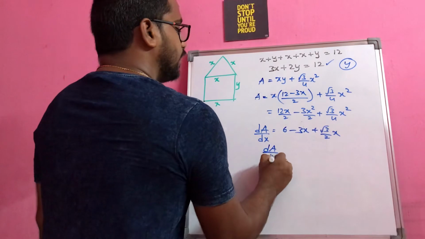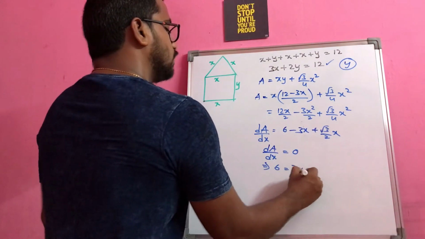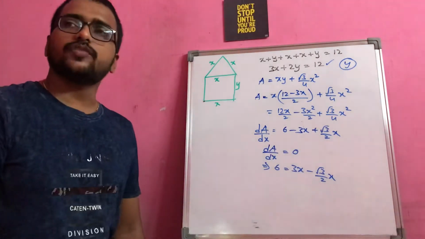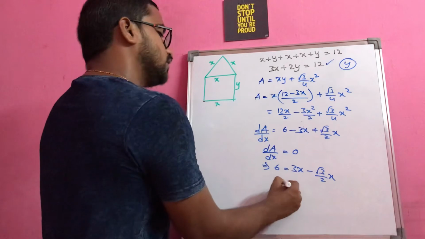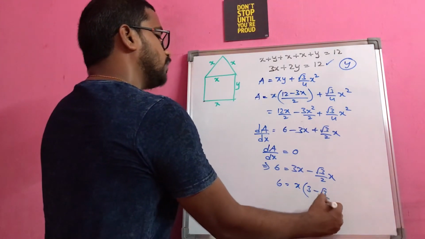We have to equate it to 0 to get the value of x. dA by dx equal to 0, that means 6 is equal to 3x minus root 3 by 2 x. My intention here is to find the value of x. 6 is equal to x, if I take common, 3 minus root 3 by 2.